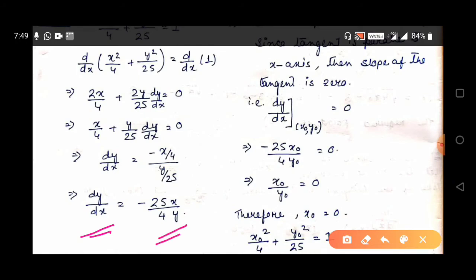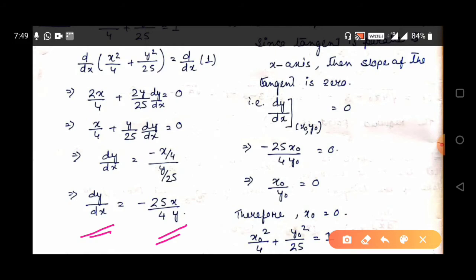Now question number 1 is we have to find the points at which the tangents are parallel to x-axis. So if we assume that the tangents are parallel to x-axis, then the angle between the tangent and x-axis is 0. That means the slope of the tangent is 0. I told you earlier, and it is also given in the particular case also.